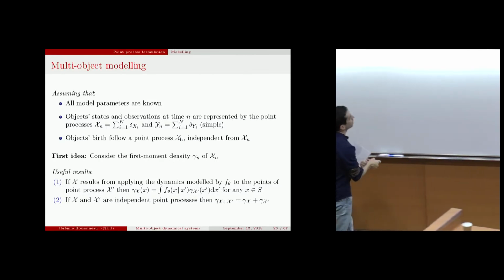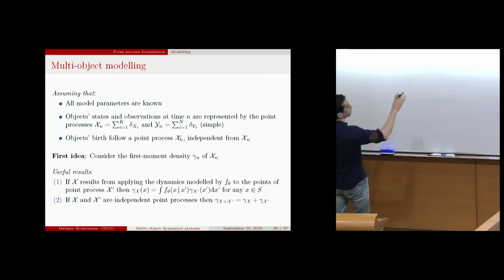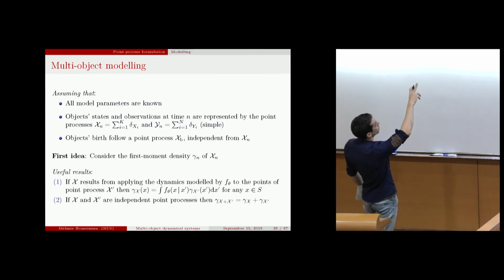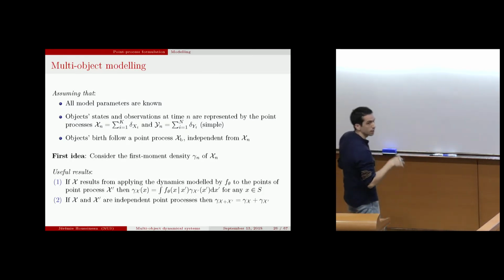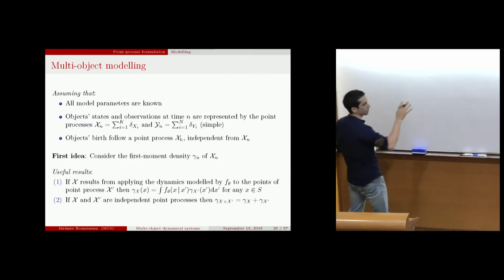I'll just write a few things on the board. Just also to show you that, for instance, relation 2 is very easy to prove, and the tools I introduced will be useful for later. So this is a basic example of how to do that.